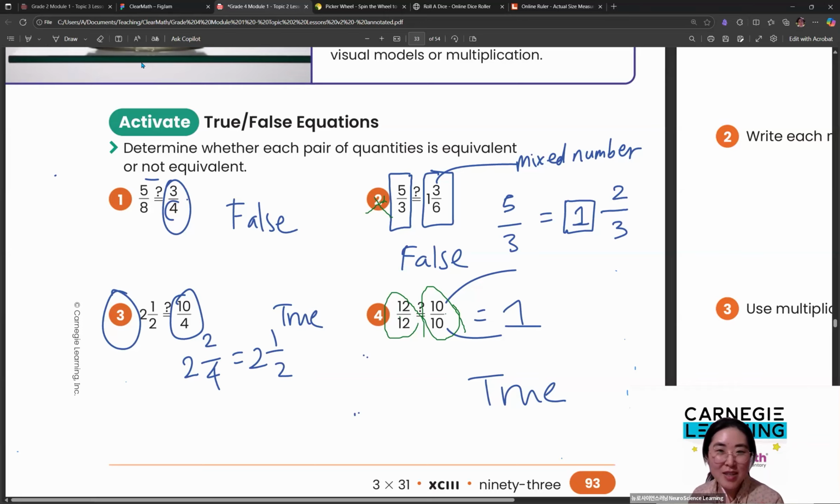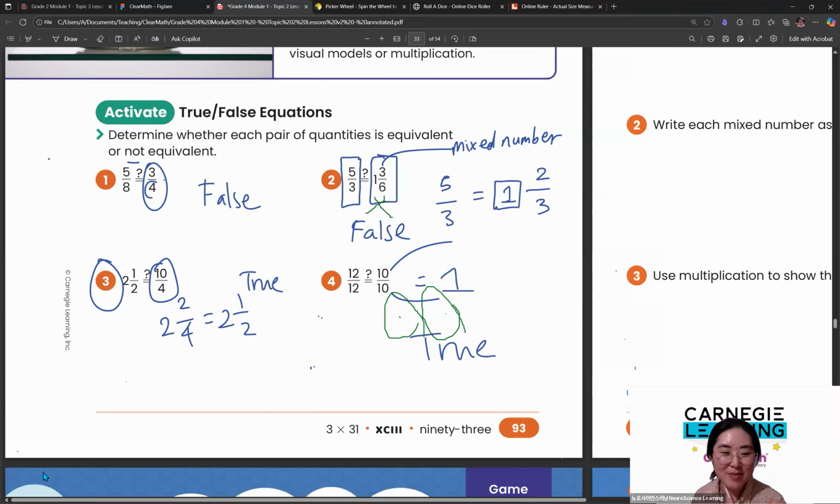Now, I want to give you guys a short spelling quiz. How do you spell numerator? Write it in your notebook first. Numerator, the top number in a fraction. And then spell denominator.